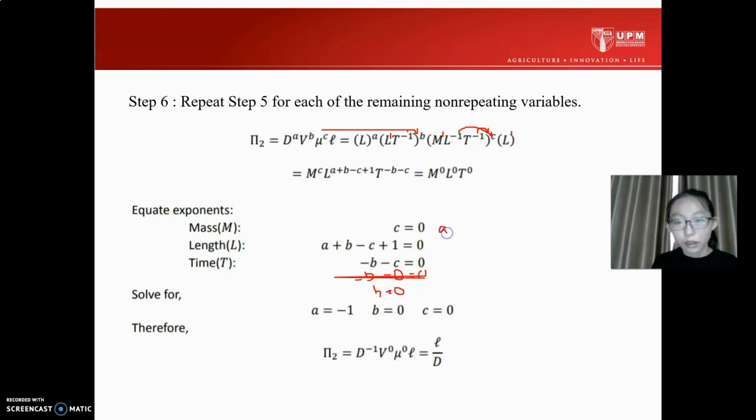A plus 0 minus 0 plus 1 is equal to 0. A is equal to negative 1. Therefore, D to the power of negative 1, V to the power of 0, viscosity to the power of 0, and length is equal to length over diameter.